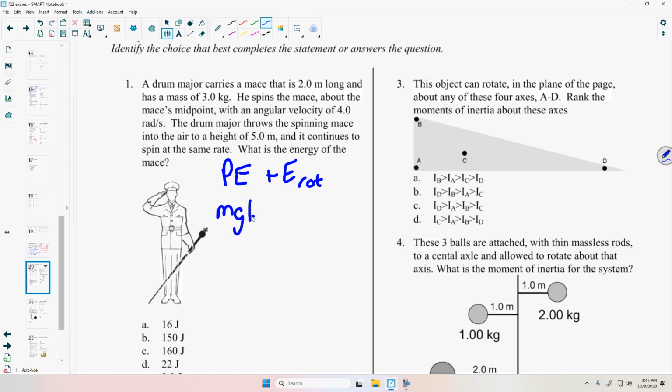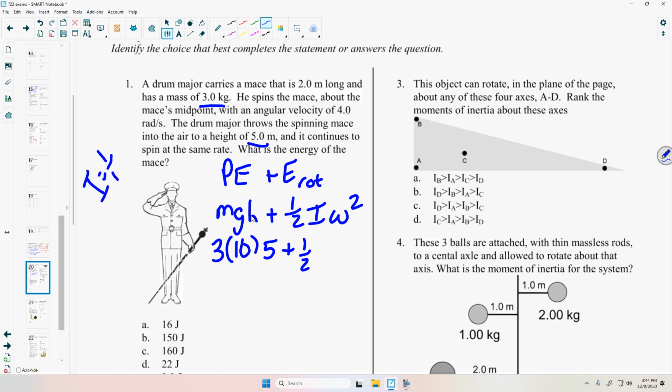mgh, plus rotational energy, which is 1/2 I omega squared. So the mass is 3 kilograms, g is 10, it goes to a height of 5 meters, plus 1/2 of I. I is equal to 1/12 m L squared.